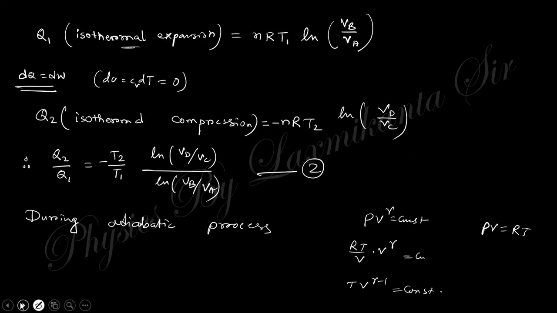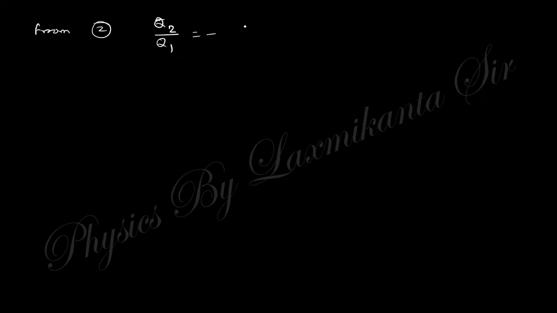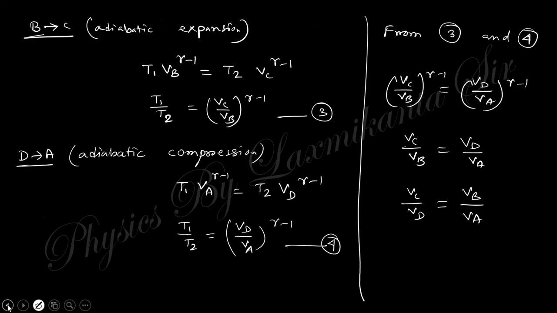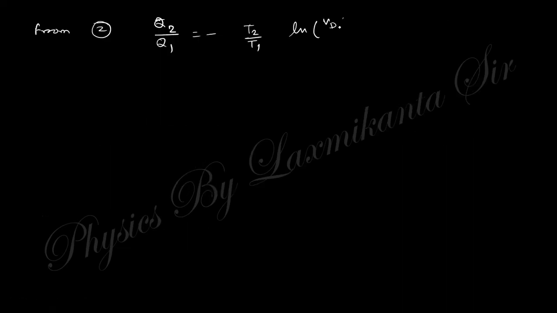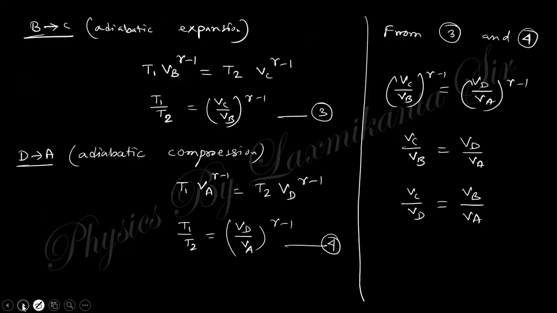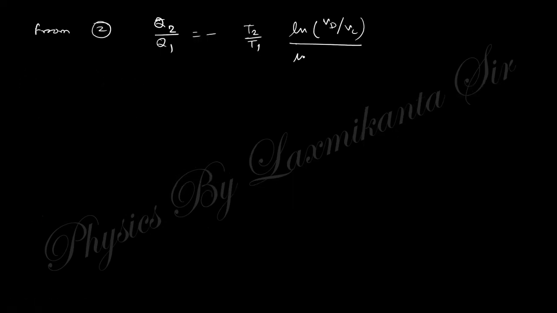From equation 2, Q2 by Q1 equals minus T2 by T1 ln Vd by Vc over ln Vb by Va, and Vb by Va is Vc by Vd, so ln Vc by Vd.